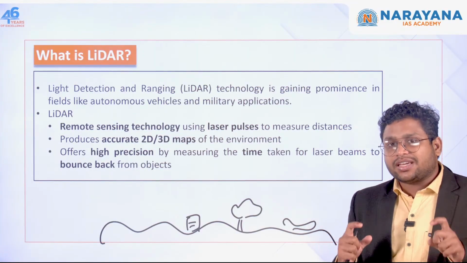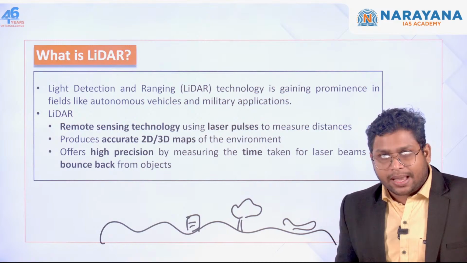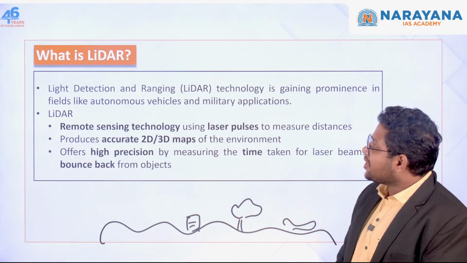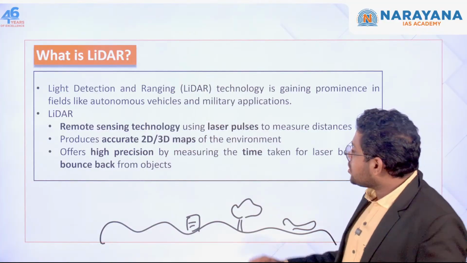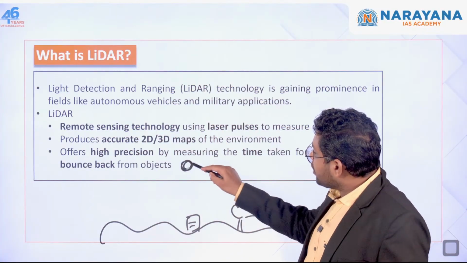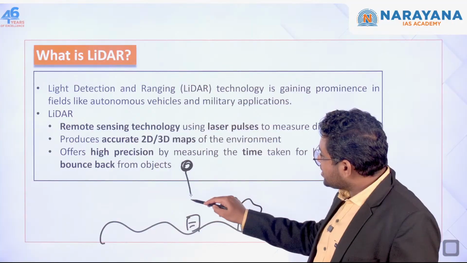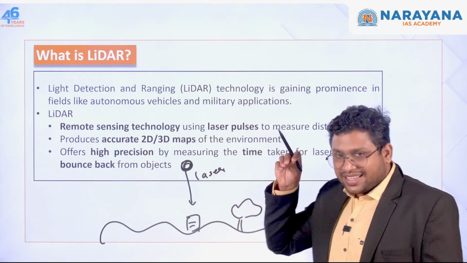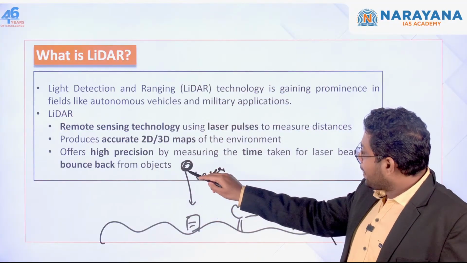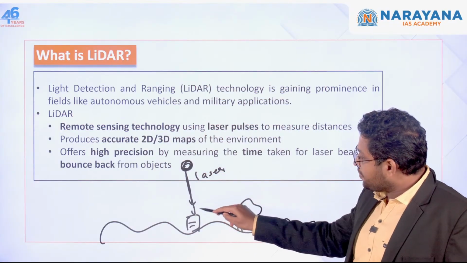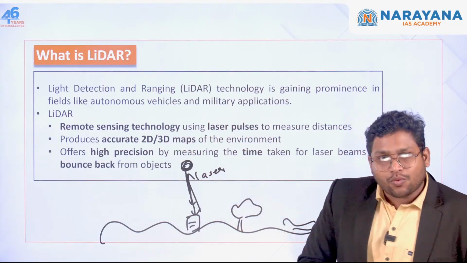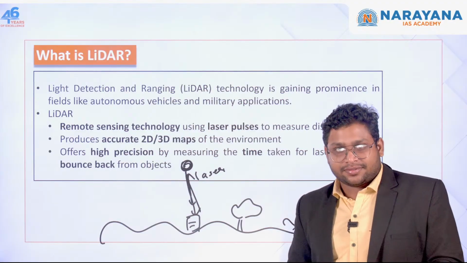Now, instead of taking normal images using your camera, you can use this LIDAR technology. Let's say you have something over here using which you will send a laser beam. This light goes there, and some part of it will be reflected back.